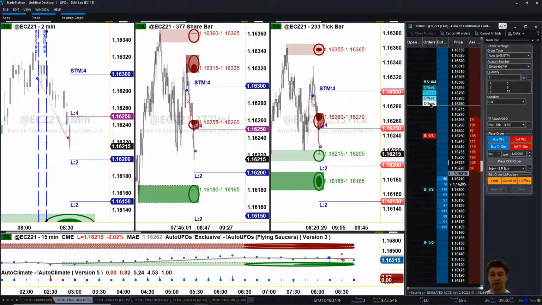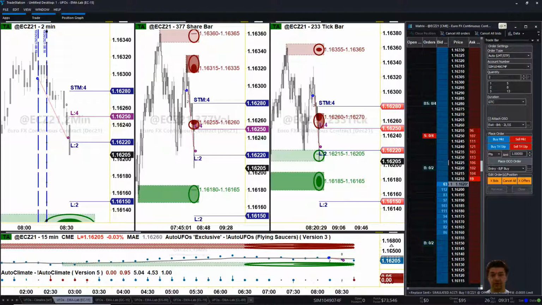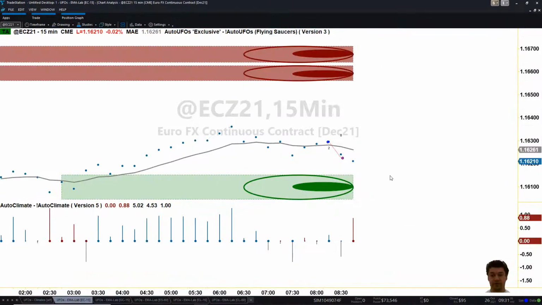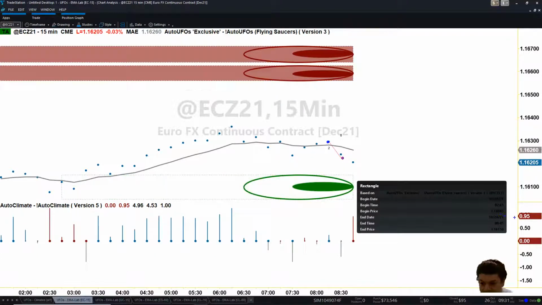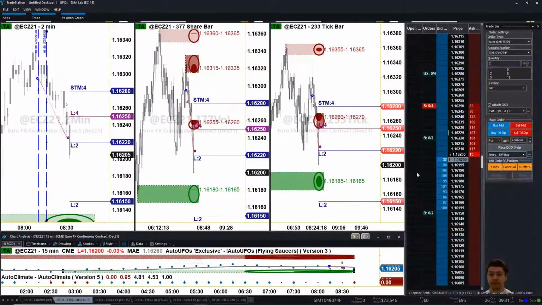So I'm going to give it there and there. Okay, and then as far as a final target, we're looking at 16,150, right there. Where it's at.